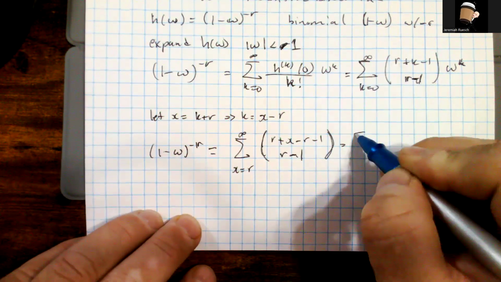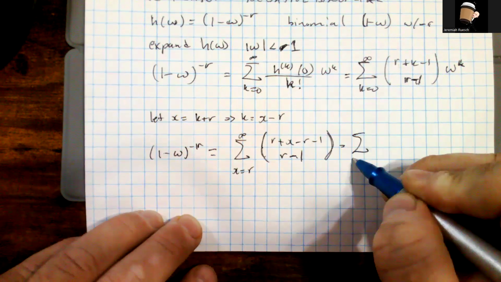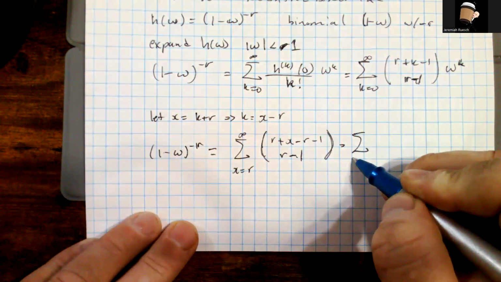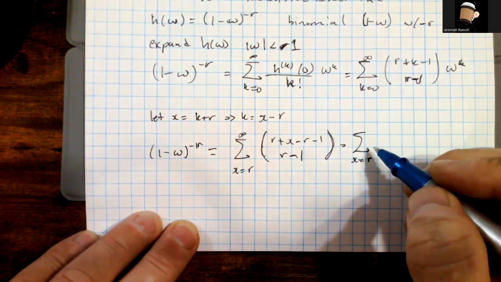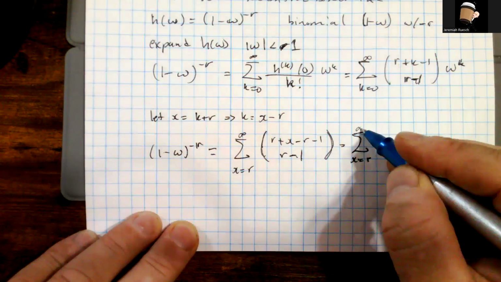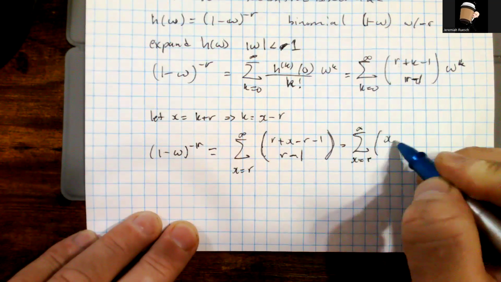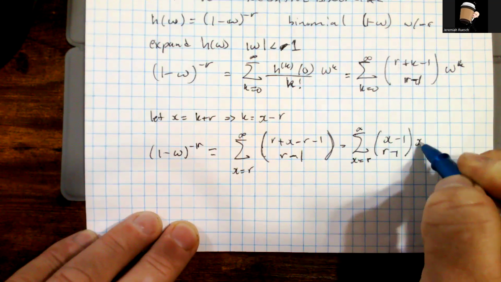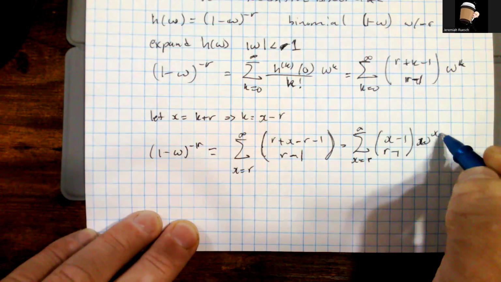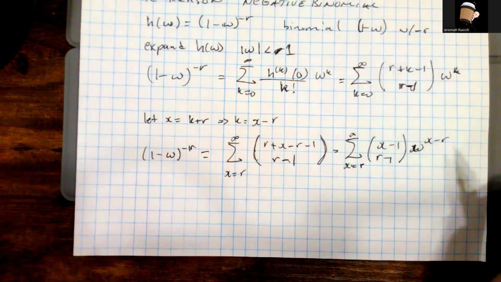And then let's see. That allows us then to do this nifty little comparison: the sum from x equal to r to infinity of (x minus 1 choose r minus 1) w to the x minus r.